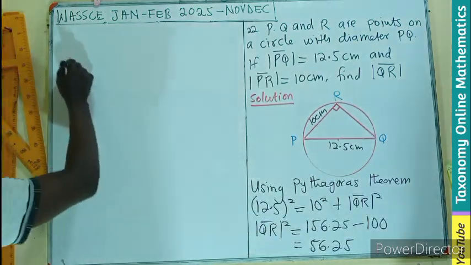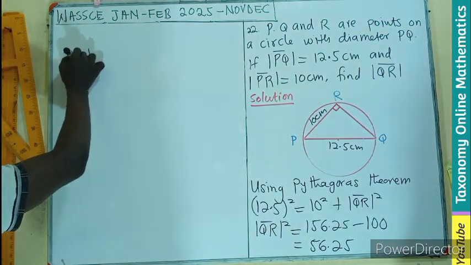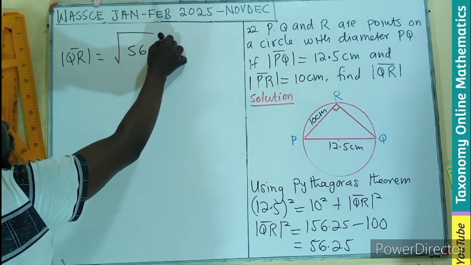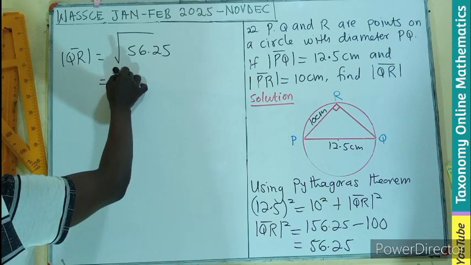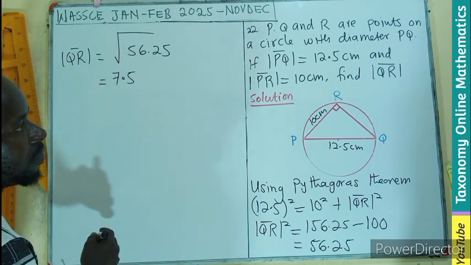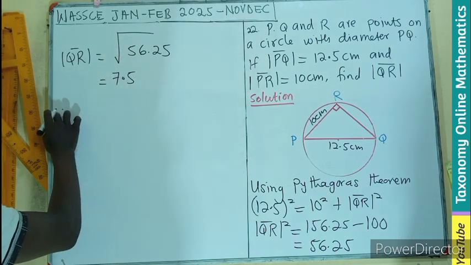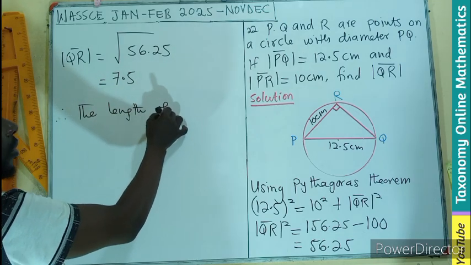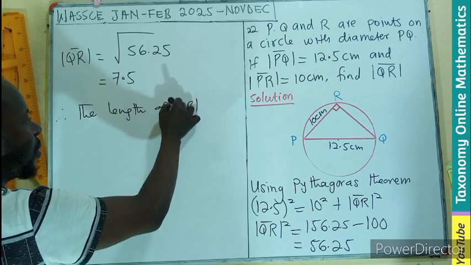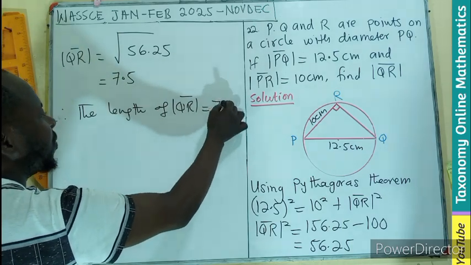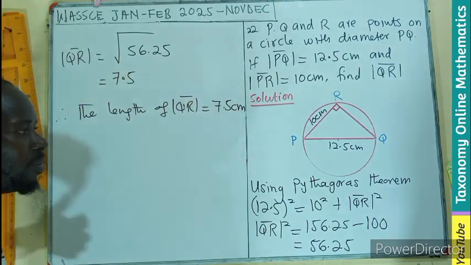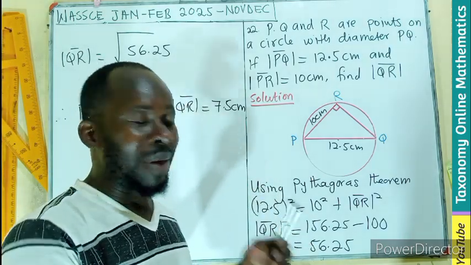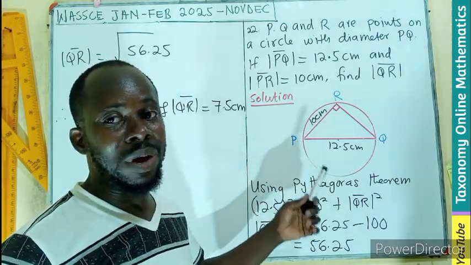So the length of QR should be equal to the root of 56.25, which is 7.5. Therefore, the length of QR is going to be 7.5 centimeters.